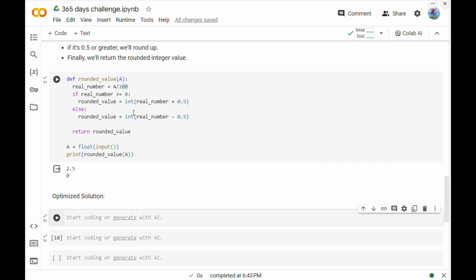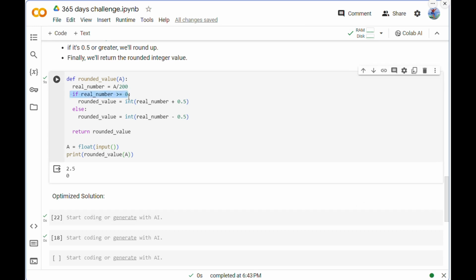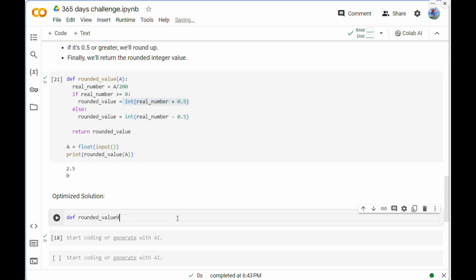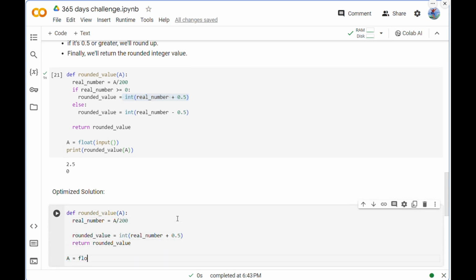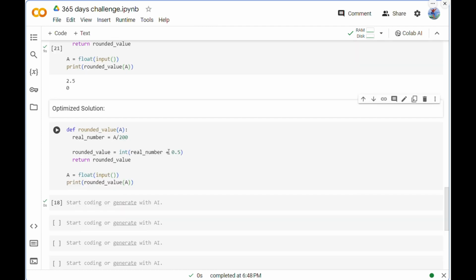Instead of checking this greater than 0 condition here, we can directly utilize this calculation. I think this will give us the same result, but I'm not sure, so let's try this. Okay, we have written our optimized approach. Let's see what we are doing here.